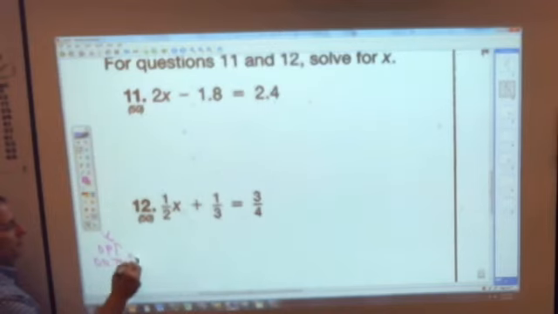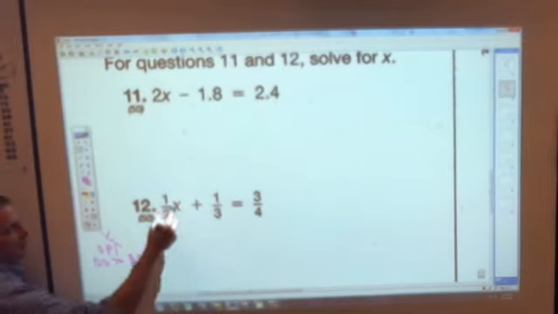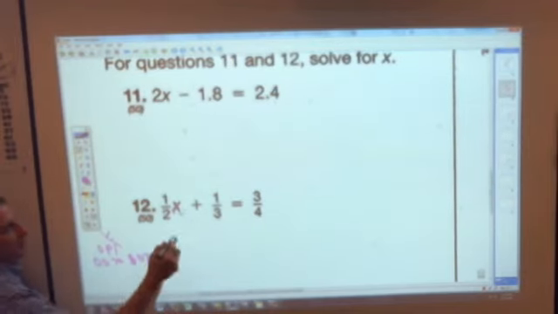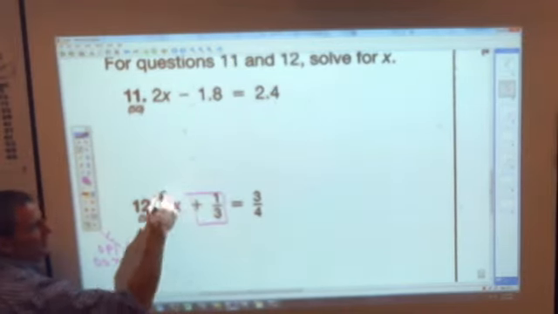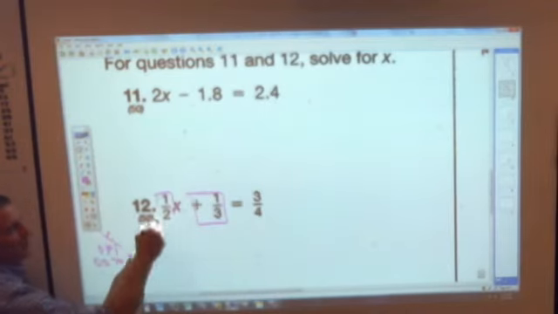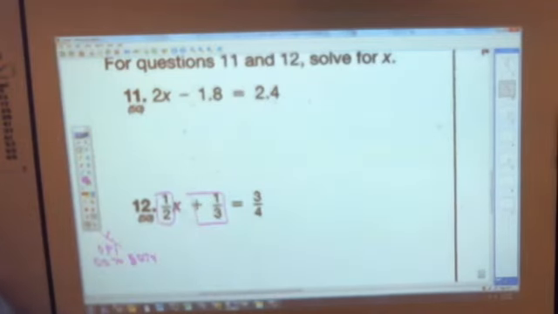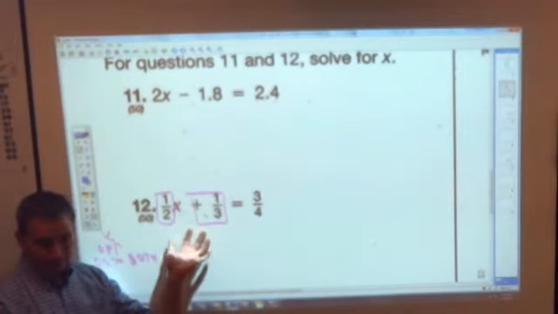Do to both. I want x by itself. What do I have to get rid of? I have to get rid of this, and I have to get rid of this 1/2. I could just erase them, and then my x would be by itself, but that's not the way this whole thing works. Always, always, always in equations, you get rid of the adding and subtracting stuff first. What is the opposite of adding 1/3? Subtracting.